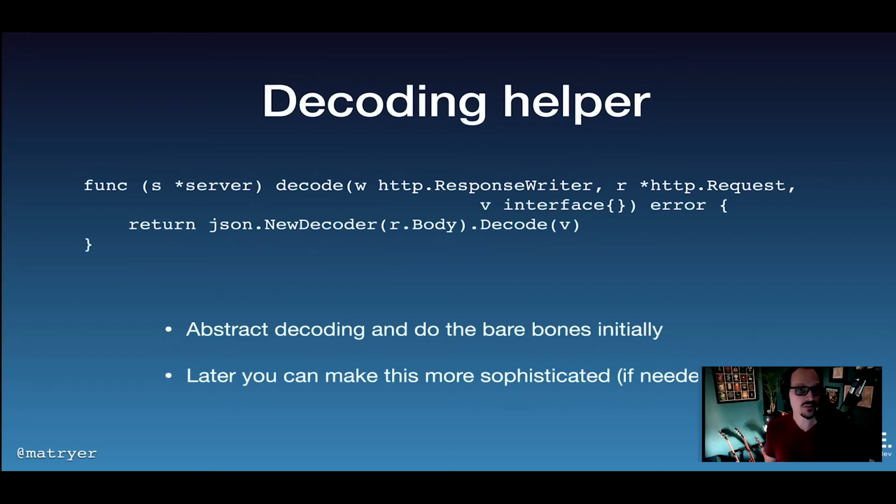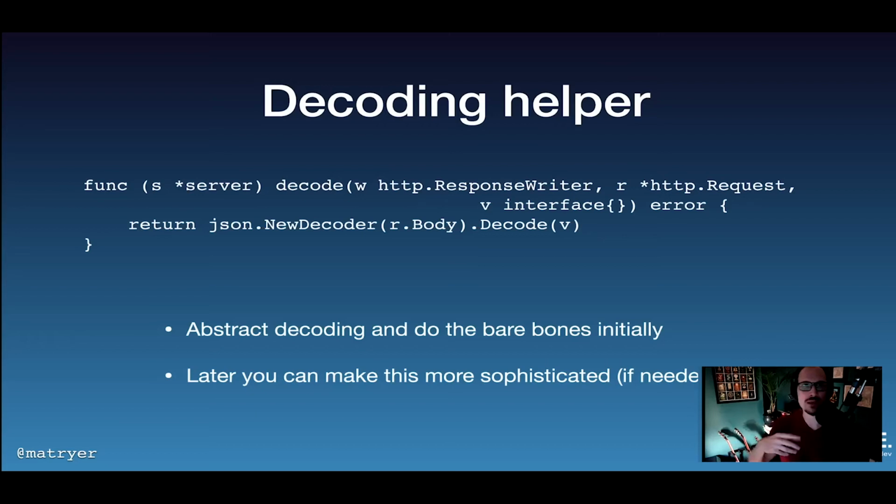And I do the same for decode. Often, and sometimes it remains this way forever, I'll just be wrapping the decoder in some way. But again, you have the opportunity later to decode data in different ways, and this can be very useful to make some progress.